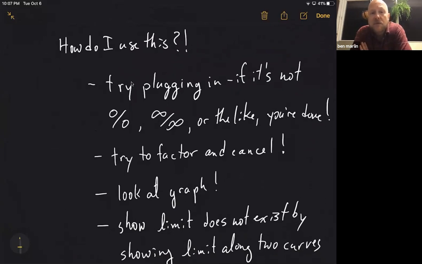So if you do get 0/0, look and see if you can factor things. If you can factor things out and cancel, boom, that often does it for you. If either you can't factor it or the factoring doesn't help, take a look at a graph. See if that tells you a little bit of something.